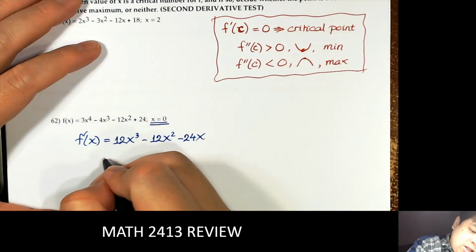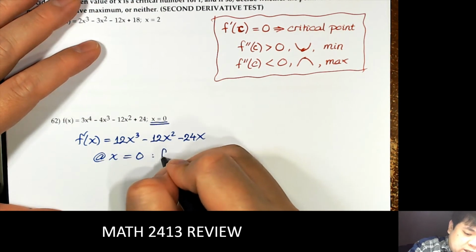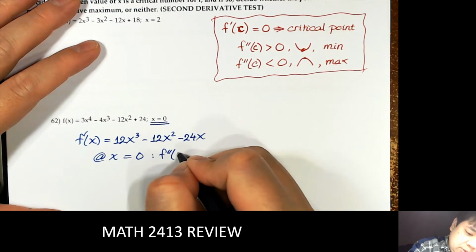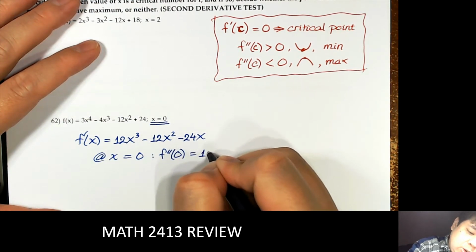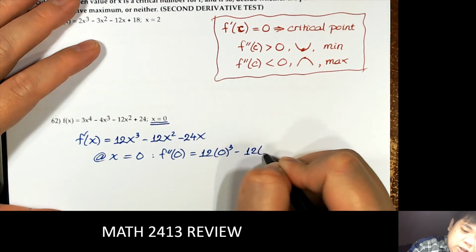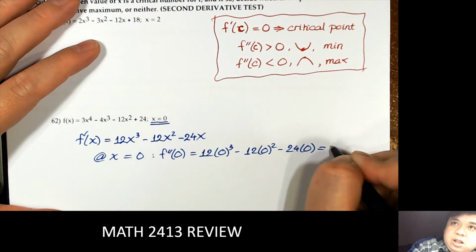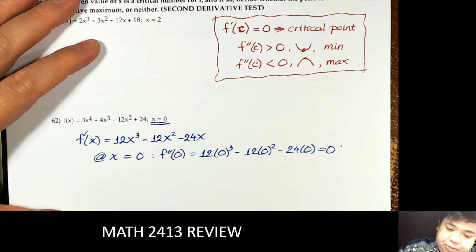Let's evaluate at 0, the given point. 12 times 0 cubed minus 12 times 0 squared minus 24 times 0, that is 0. So that's good.